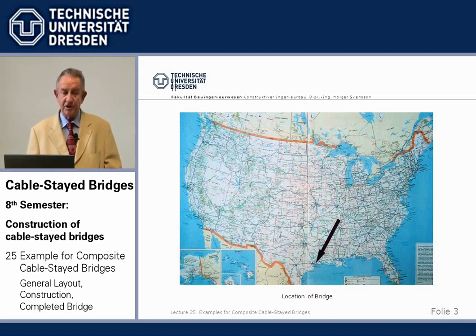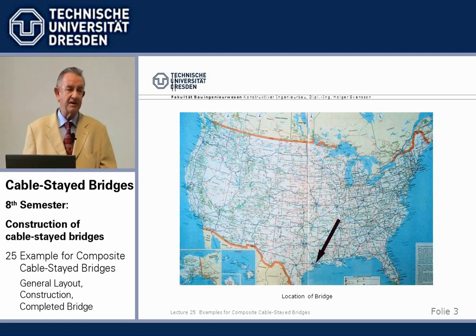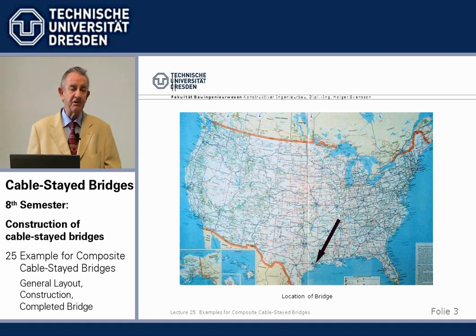Now, we are talking about the bridge across the Houston ship channel at the small city of Baytown. We see here on the map, it's in the very south of the United States, and which is significant, it's very close to the Gulf of Mexico.